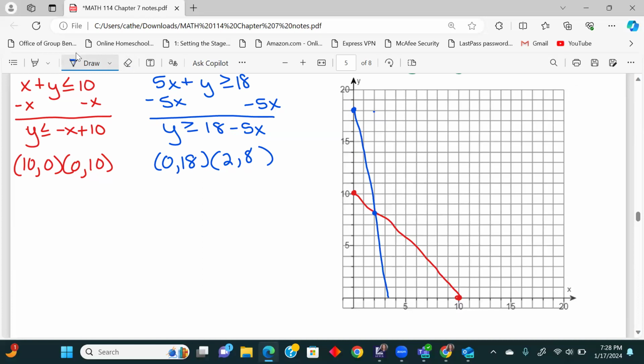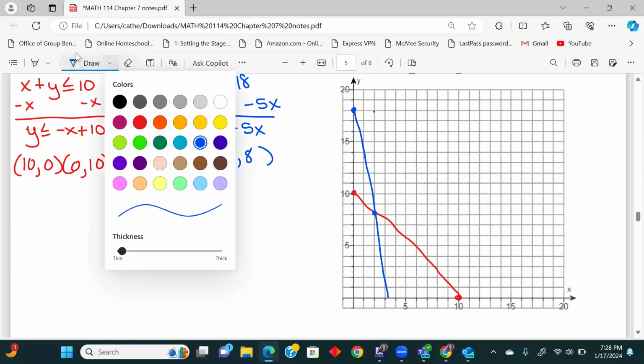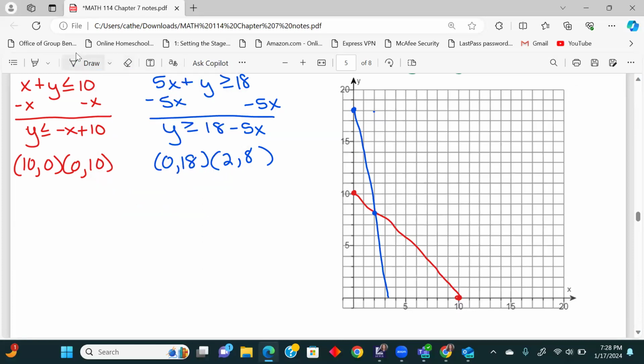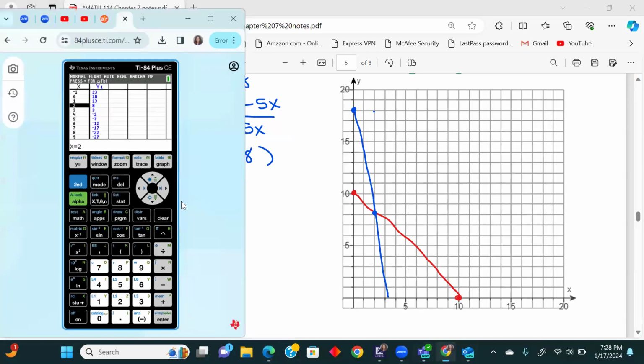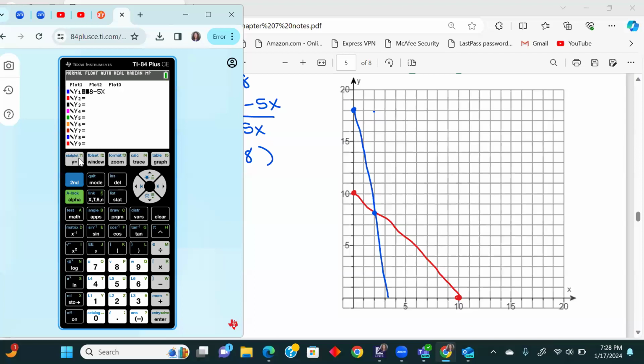All right, and then our green one, let's put that in. That was 18 over 5. Minus 1 over 5x.